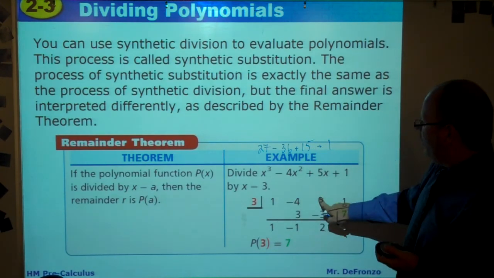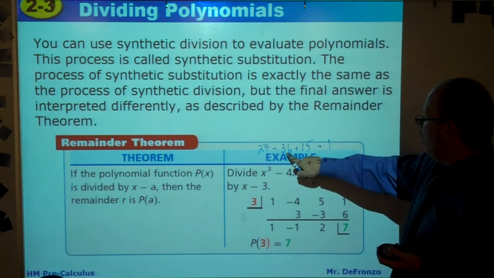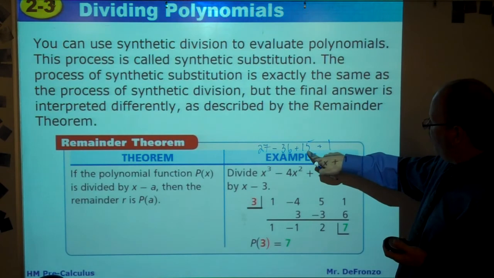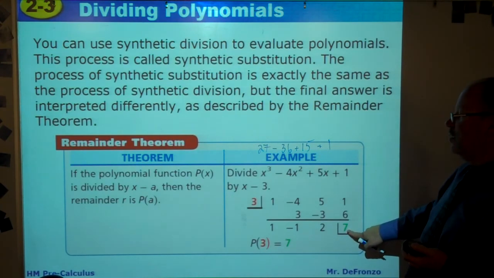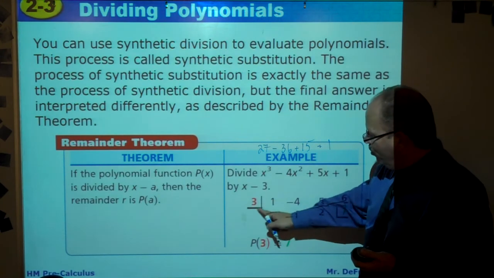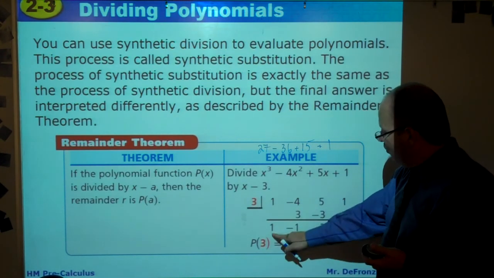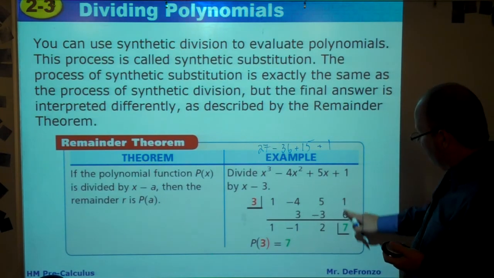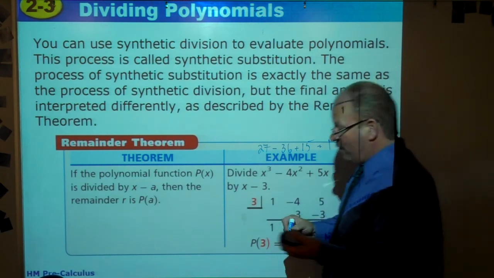But this way is a little bit easier. 27 minus 36 is negative 9, and positive 15 is 6, plus 1 is 7, exactly. So we just put in our number that we're going to evaluate, do the synthetic division process, and the remainder is p of, or f of, our number.